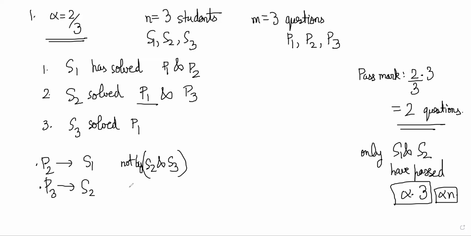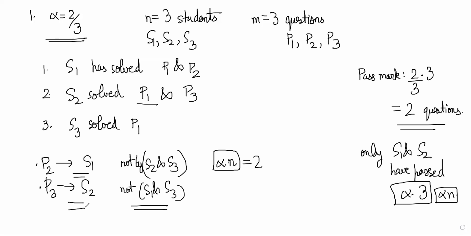And similarly, P3 was not solved by S1 and S3, right? So why is it difficult? Because alpha times n students, or 2 students, have not solved these problems, right? So basically we are getting 2 problems are difficult, 1 problem is easy. P2, P3 are difficult and P1 is easy.